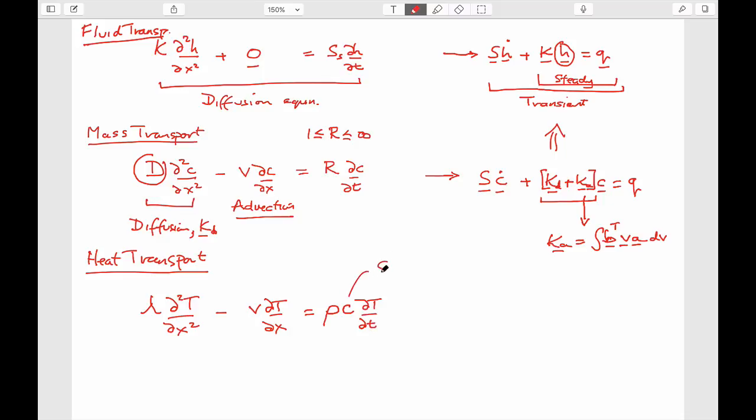So this is specific heat capacity. This is thermal conductivity. And T is temperature. And so it's apparent from these that these expressions all line up with each other.